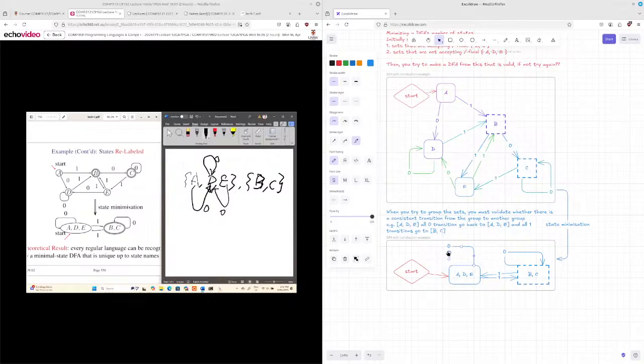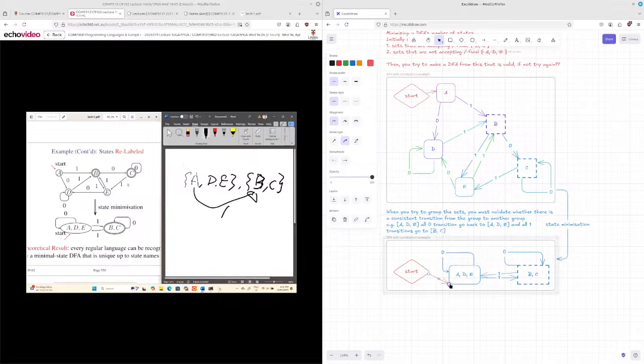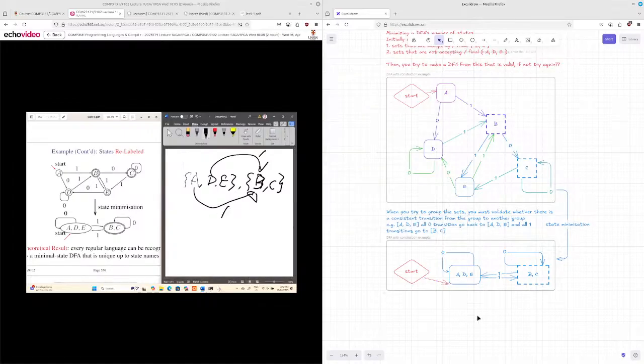Then you do pretty much the same thing. What about if the next input is 1? You test that too. If the next input is 1, from A I move to B. From D I move to B too. If I'm at E, I move to B as well.